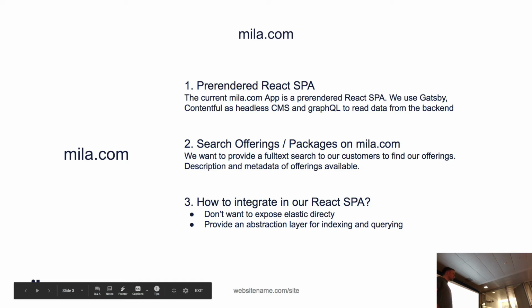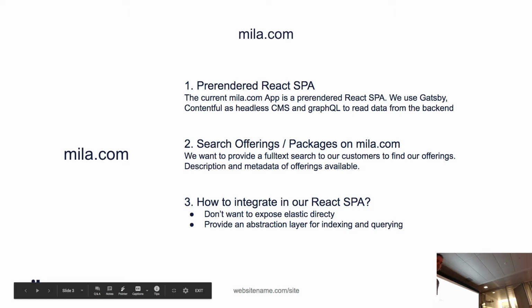Very often it's a page that everybody will see exactly the same content. That's the reason why we decided to go for a pre-rendered React application, which makes the site really fast, and it's also an advantage for indexing by Google.